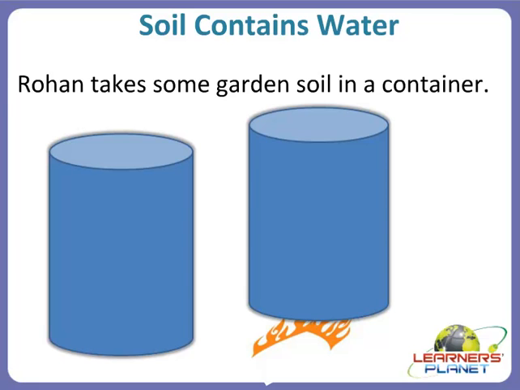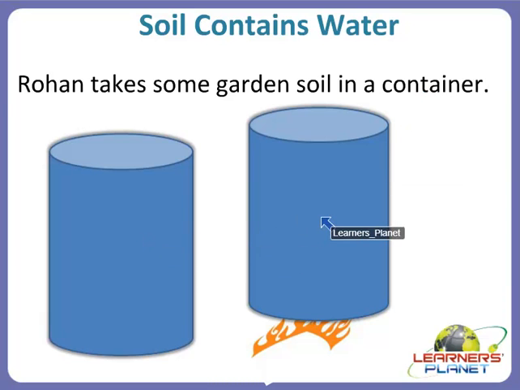Now the next topic we are going to study is that soil contains water. So children, what does Rohan do? Rohan takes some garden soil again in a container. First he took the garden soil in a glass jar, and then he takes some garden soil in a container.